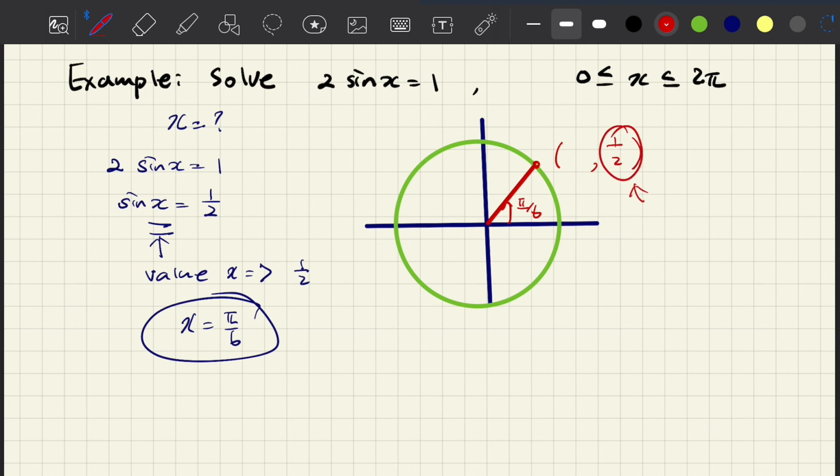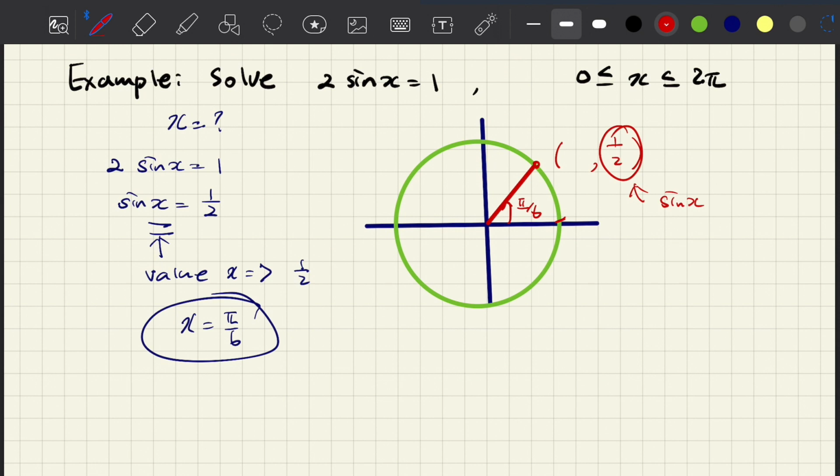The y value is the sine x value, so it gives 1 over 2. And what we need to do is find the other angles that are possible answers, between 0 and 2 pi.